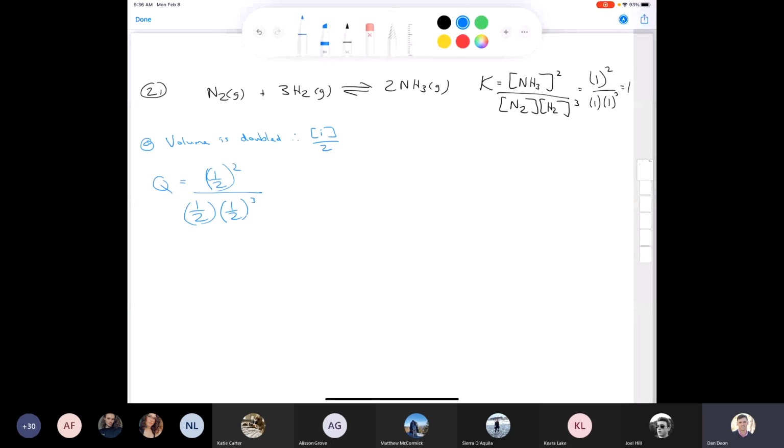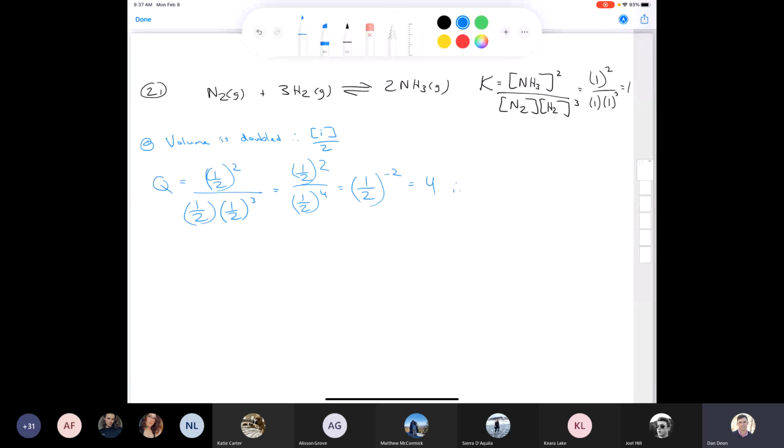Now, if you punch all that in, that equals (1/2) to the power of 2 divided by (1/2) to the power of 4, which equals (1/2) to the negative 2, which is equal to 4. You could just do this in your calculator, or you could do it in your head. Doesn't matter. Either way it works.